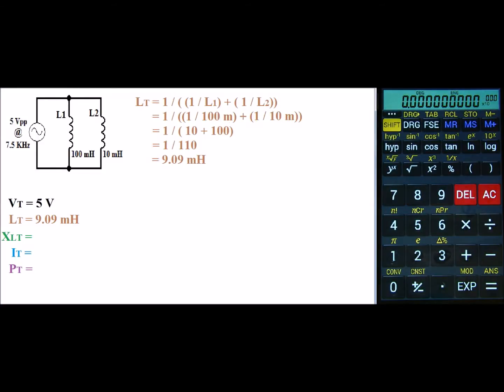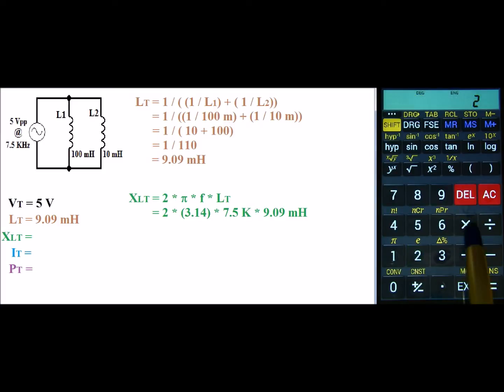Next is inductive reactance. Inductive reactance is 2 times pi times F times LT. It gives us 2 times 3.14 times 7.5 K times 9.09 milli.